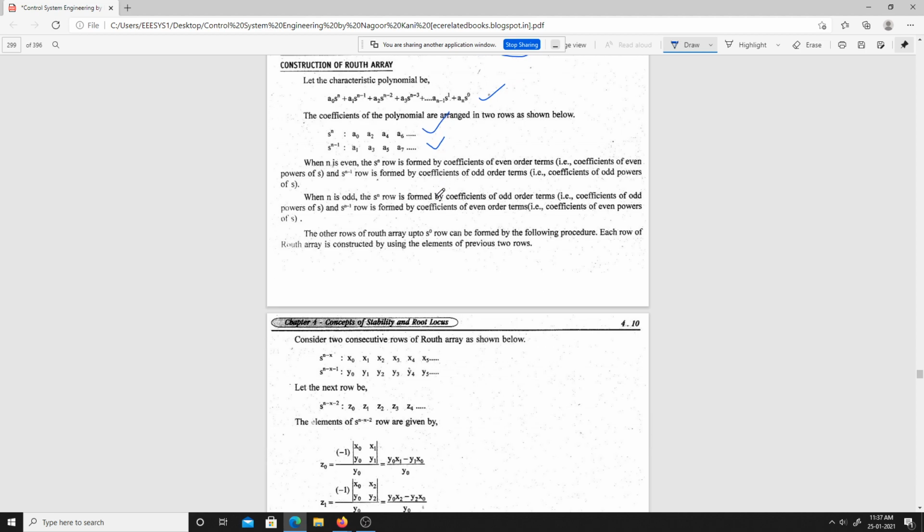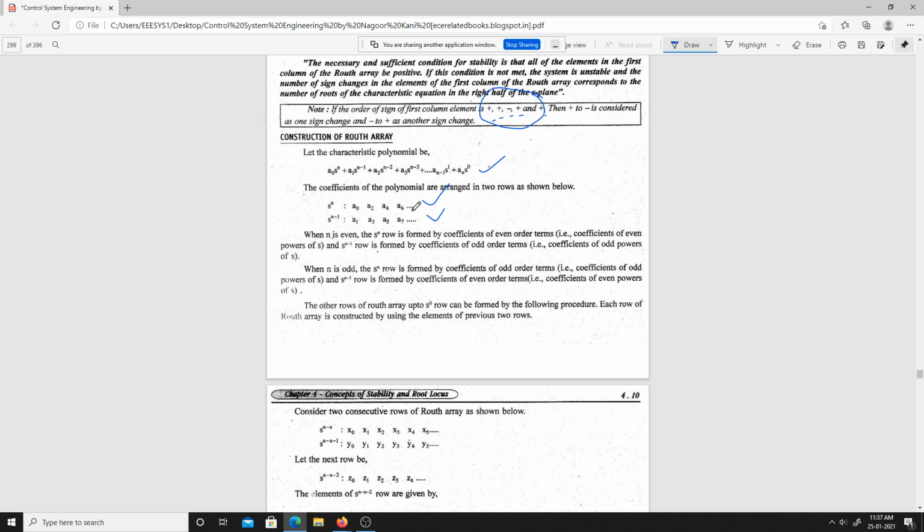Now, when n is even, the first row is formed by coefficients of even order terms, and the s to the power n minus 1 row is formed by coefficients of odd order terms. Is it clear?